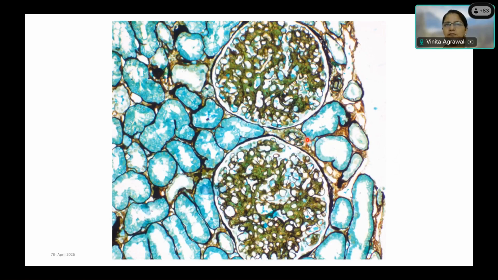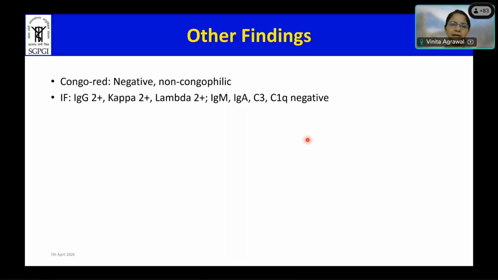So what next will you do? Congo red. Very good. For amyloid deposition, the first thing you will do is Congo red. However, in this case the Congo red was negative and these deposits were not congophilic. However, they were positive for IgG, kappa and lambda.